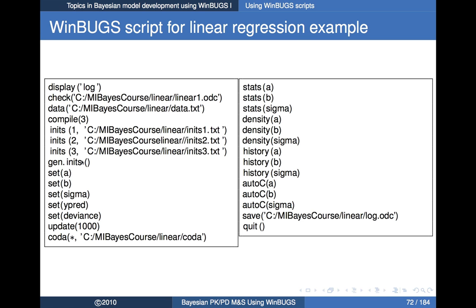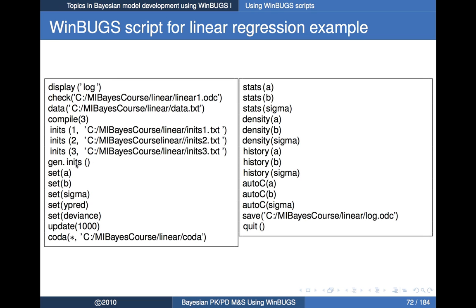Then if there are any uninitialized random variables in there, you do the gen.inits command, and that one doesn't have any arguments, but you still have to provide the open and close parentheses there. And if you're not sure whether or not you need to generate additional estimates, go ahead and put it in there. The worst that'll happen is it'll just tell you it doesn't need it.